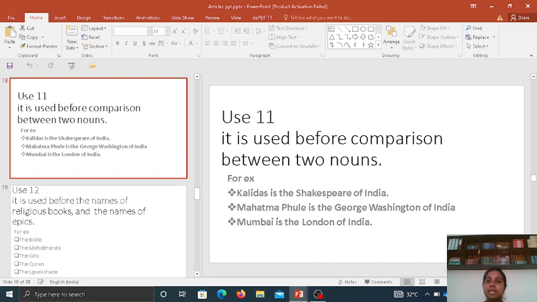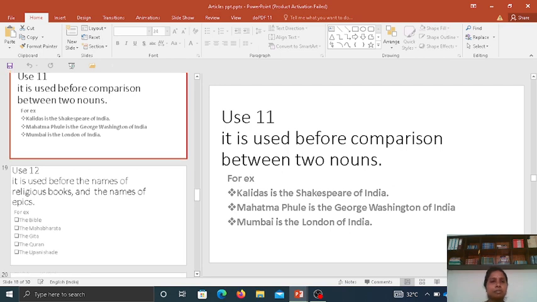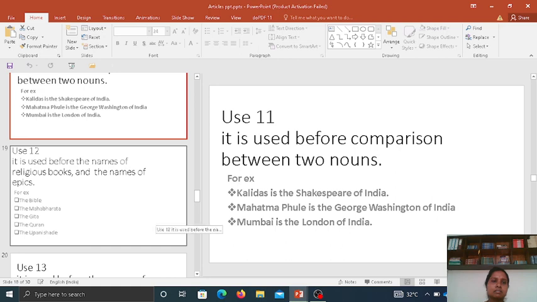Then Mumbai is the London of India. Here Mumbai is compared with London, Mahatma Phule with George Washington and Kalidas with Shakespeare. In this way, we should use "the" before that comparison.